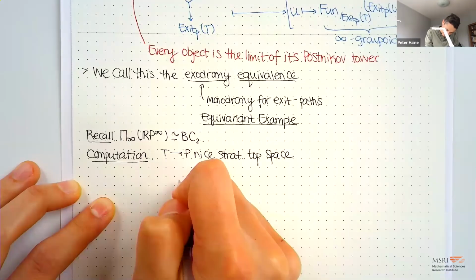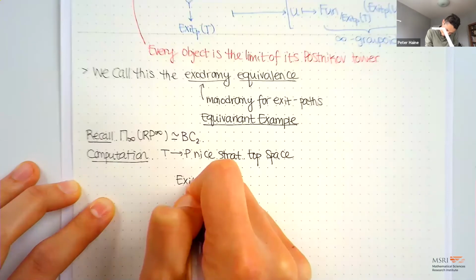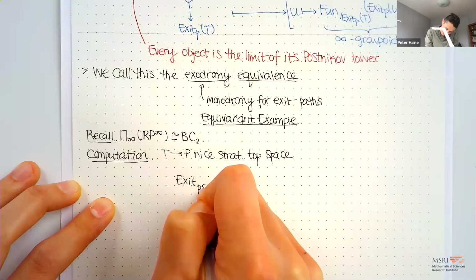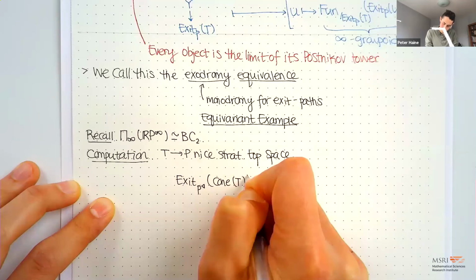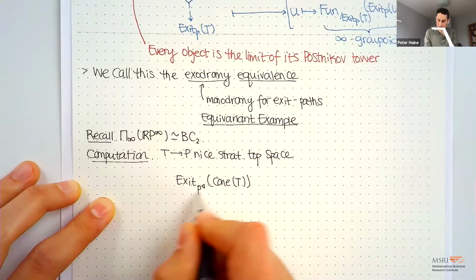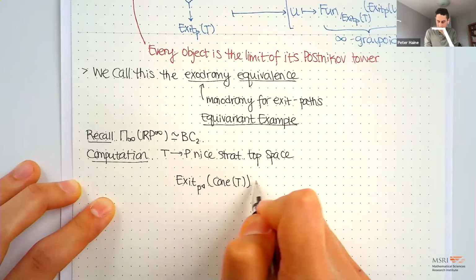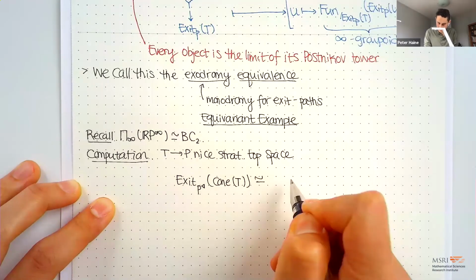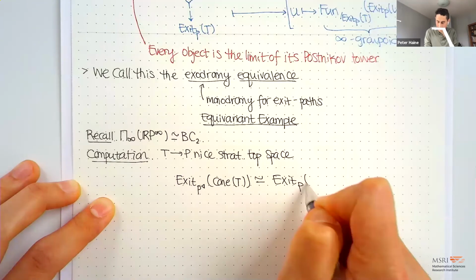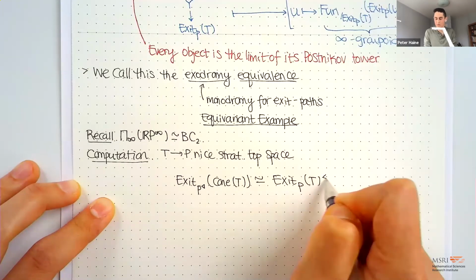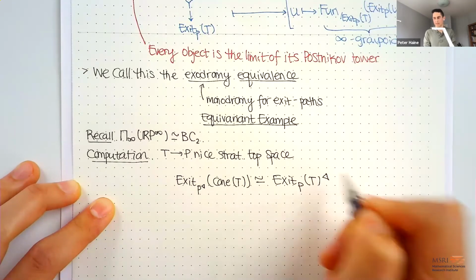If I have a nice stratified topological space, then if I take the exit path category of the cone on that stratified topological space, stratified over this poset with an additional minus infinity, this is equivalent to the exit path category with a new initial object adjoined.